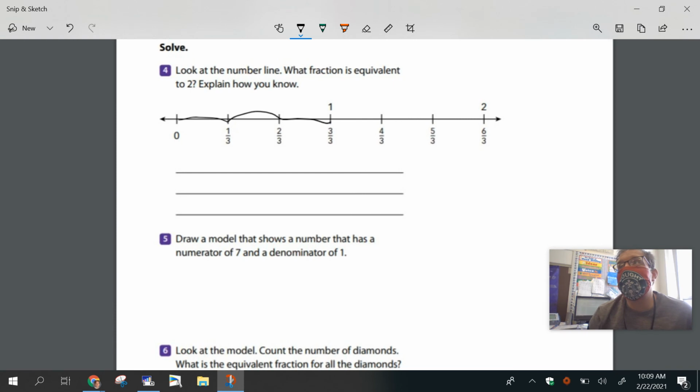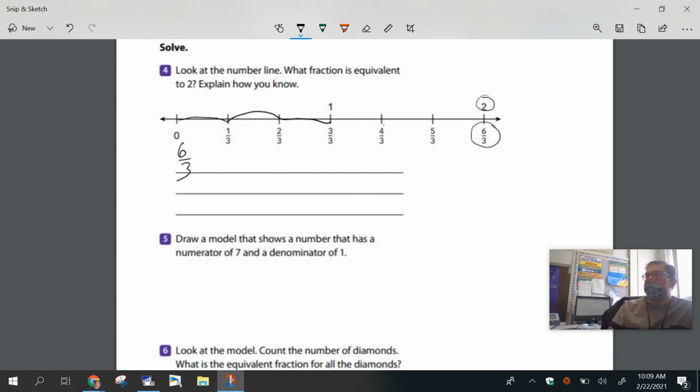It's a whole. That's one whole. Now, 4/3, 5/3, 6/3 equals 2. Okay? So 6/3 is your fraction that equals 2.